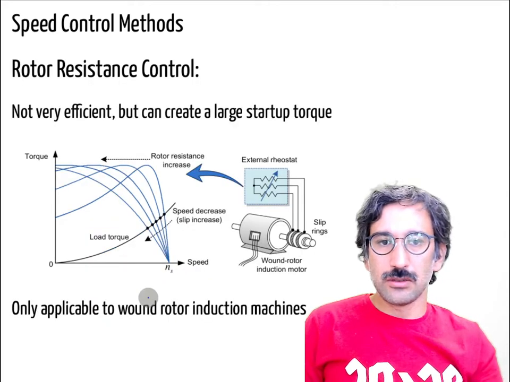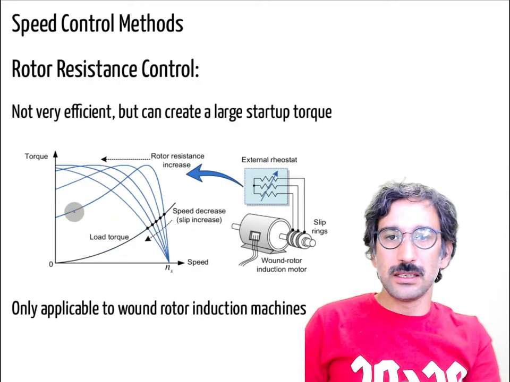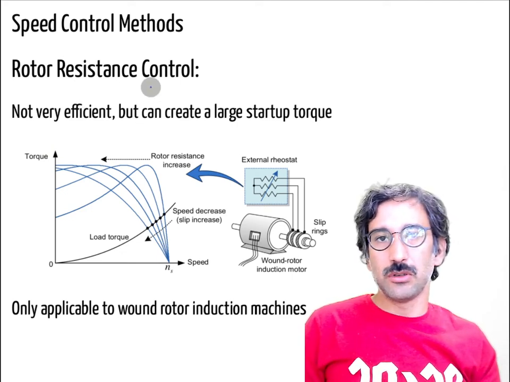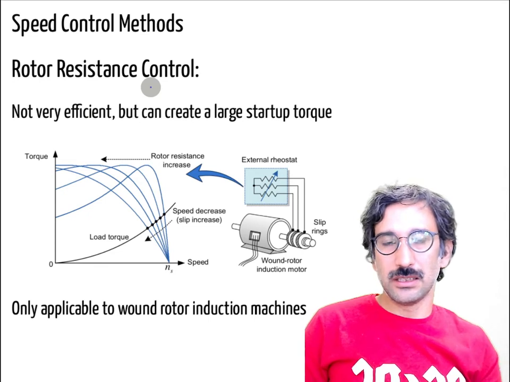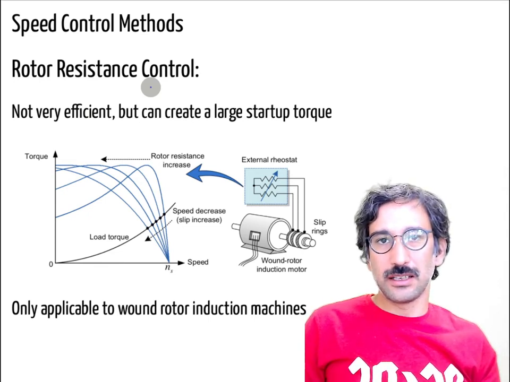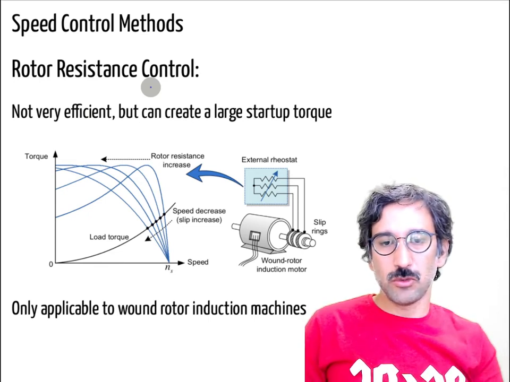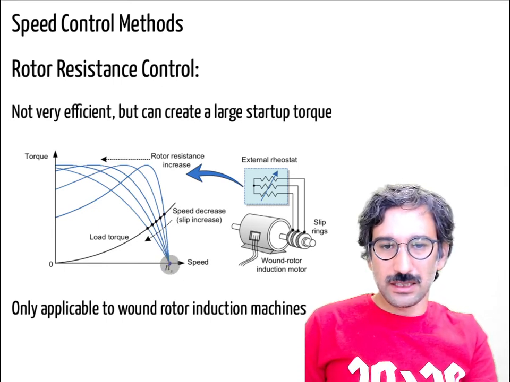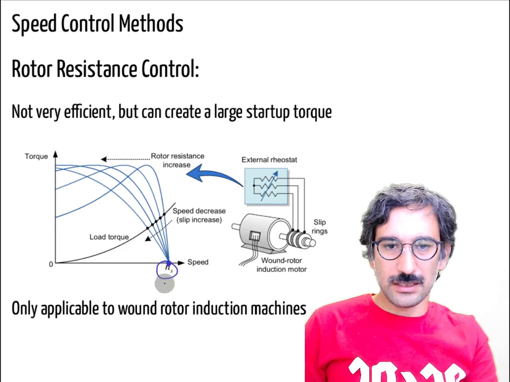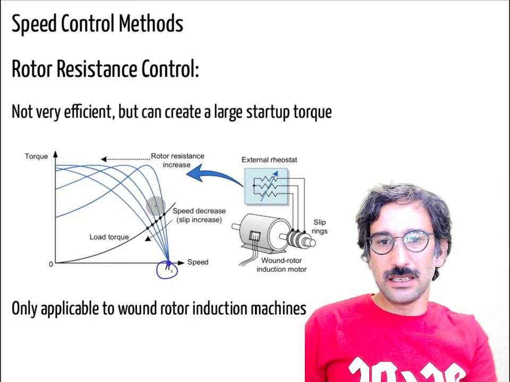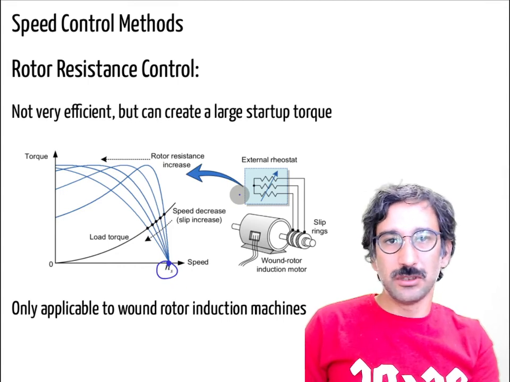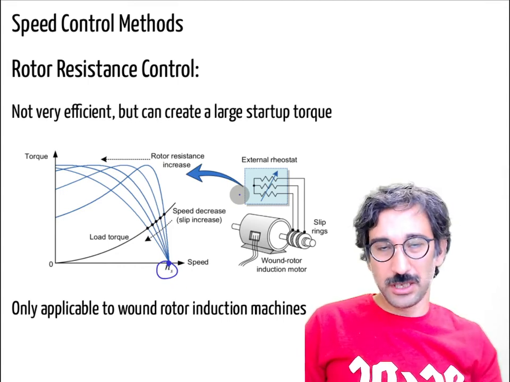Okay, so then the other option is to use rotor resistance control, and again we talked about that one as a method to reduce the starting currents in an induction motor. We have the same problem here. The synchronous speed is constant, and if you increase the rotor resistance, and that one is only applicable to wound rotor induction machines.